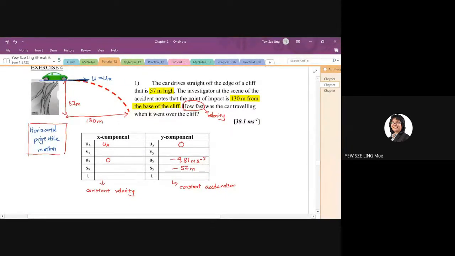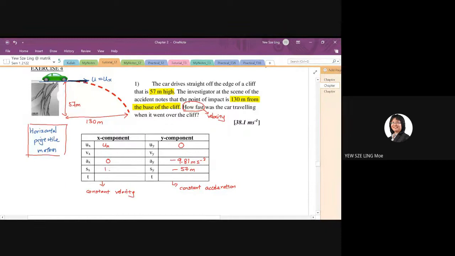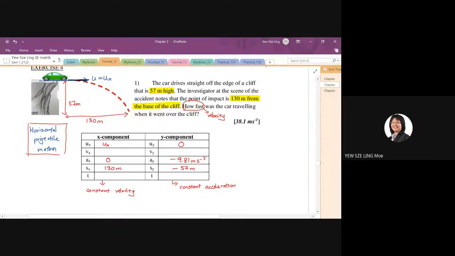And for the x component, if you look at the questions again, it is 130 meter from the base of the cliff. So the horizontal displacement is 130 meter.